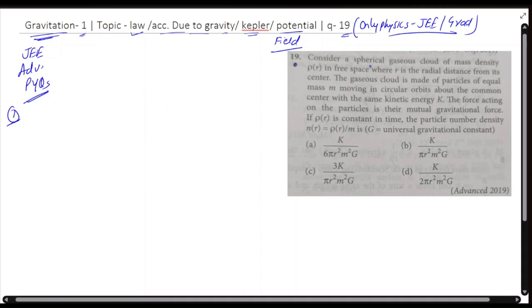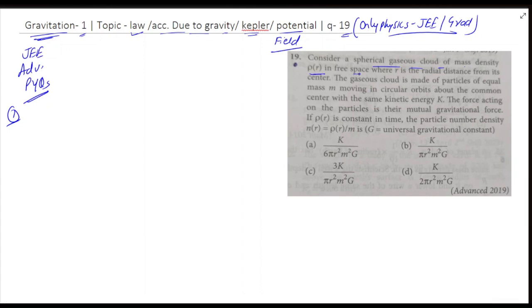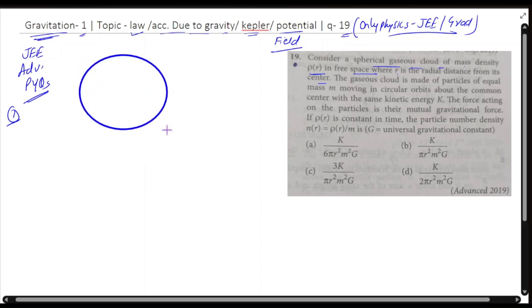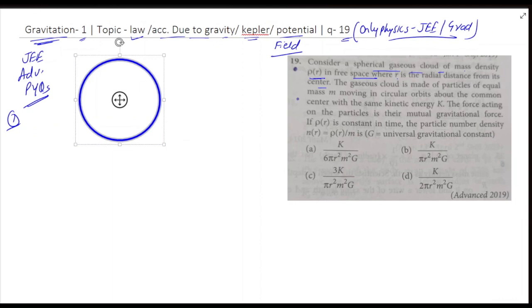Now, what we have here is a spherical gaseous cloud of mass density rho in free space, where r is the radial distance from its center. It has a density rho(r), which at a distance r may be changing, or we don't know.